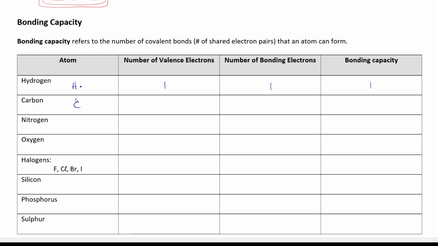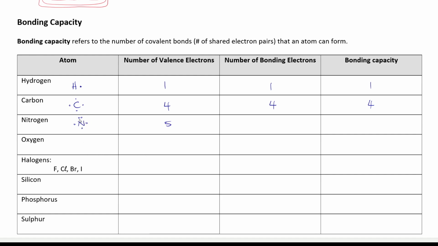If we look at carbon, carbon has 1, 2, 3, 4. It has 4 valence electrons. Each of these electrons here can form a bond, so we have 4 bonding electrons, and it has a bonding capacity of 4. With nitrogen, nitrogen has 5 valence electrons.